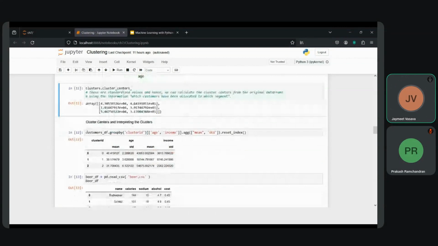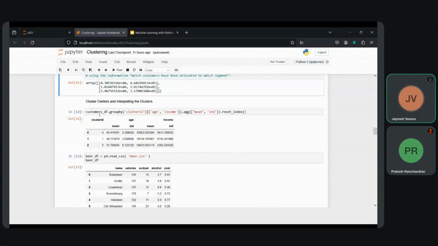Now understand that centroids represent the mean, so the mean also represents in a way the characteristics of the cluster. When interpreting the clusters, we use the cluster ID, age, and income, and their mean and standard deviation.